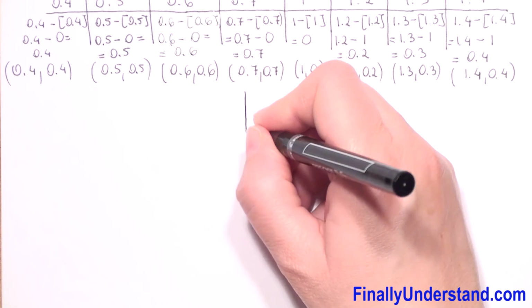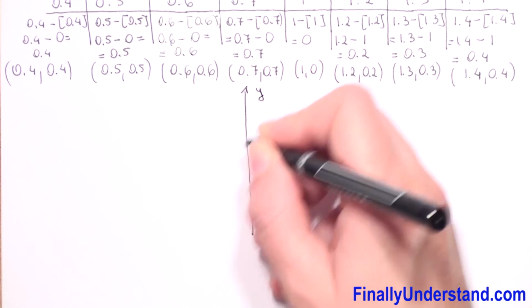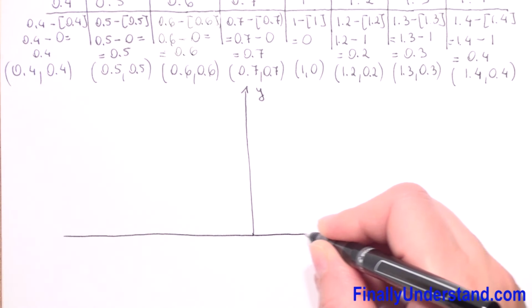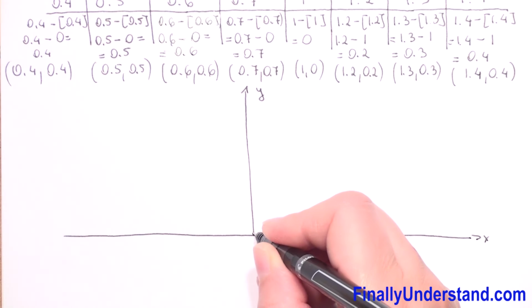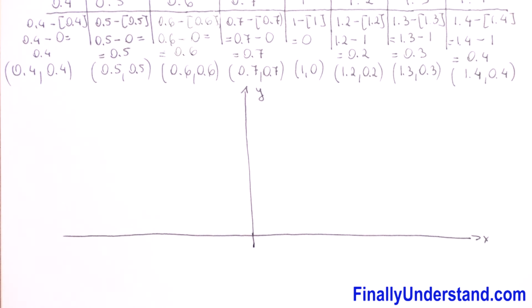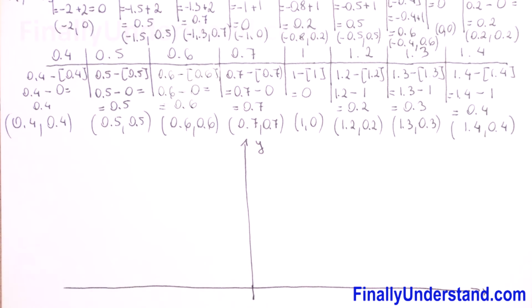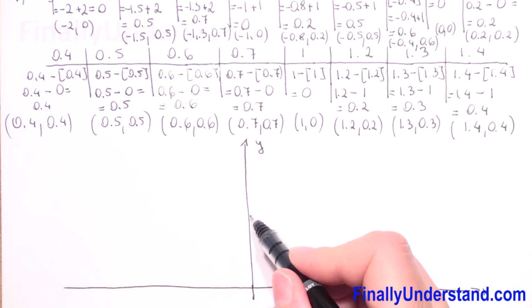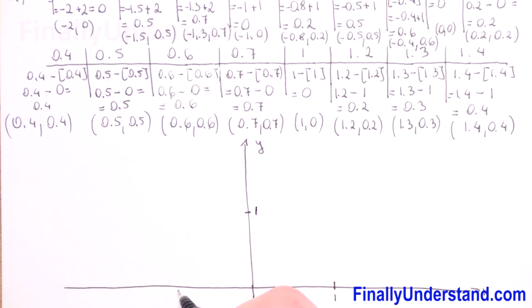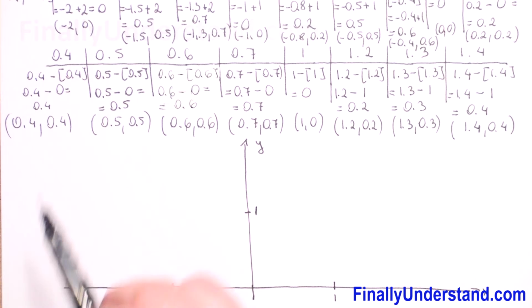the xy coordinate system. We have to choose a unit, and we don't need negative values of y, so that will be 1, 1, negative 1, and the first point we have is negative 2, 0.